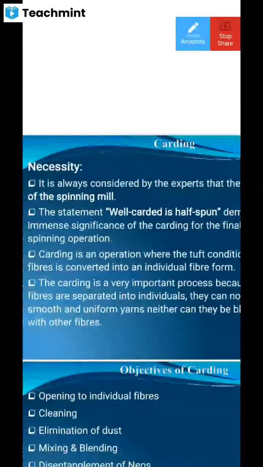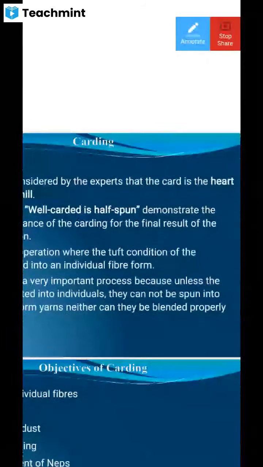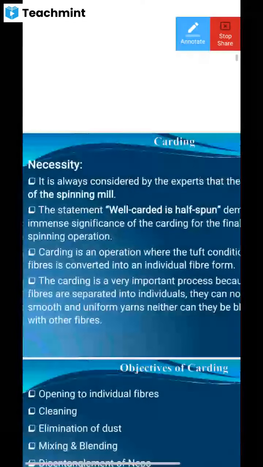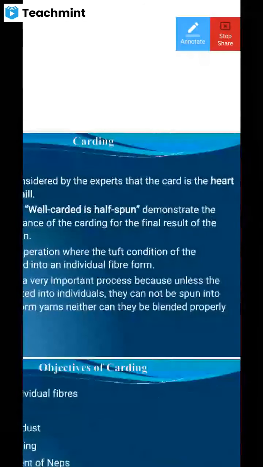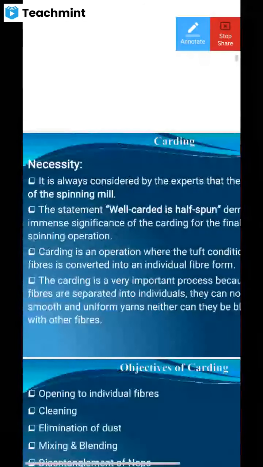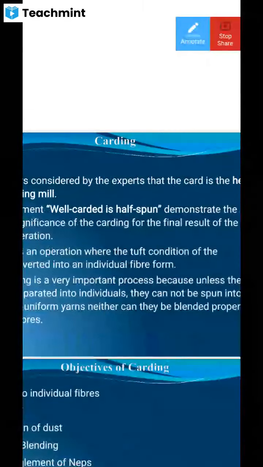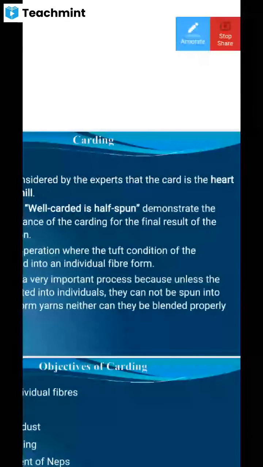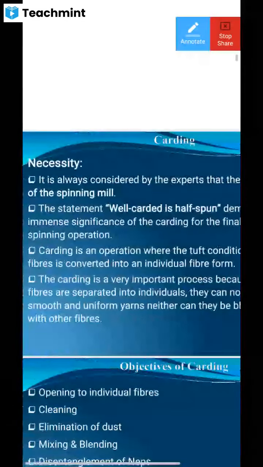The carding is a very important process because unless the fibers are separated into individuals, they cannot be spun into smooth or uniform yarns, neither can they be blended properly with the other fibers. So the individualization of the fiber is very, very important. The necessity of carding is over. Now the objective of carding.